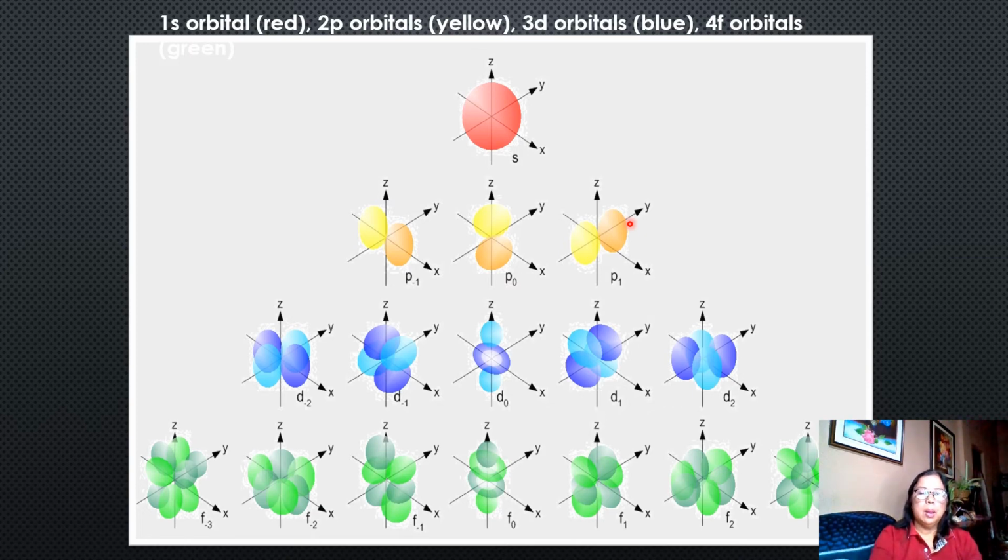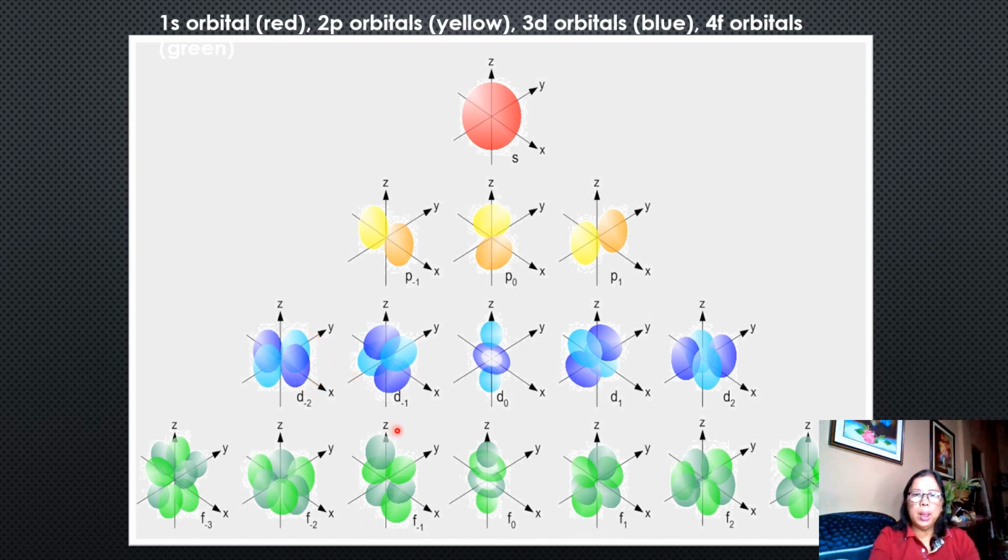Okay? And then we have to look at how the d orbitals position its lobes. Okay, d negative 2: the lobes are positioned in x and y.